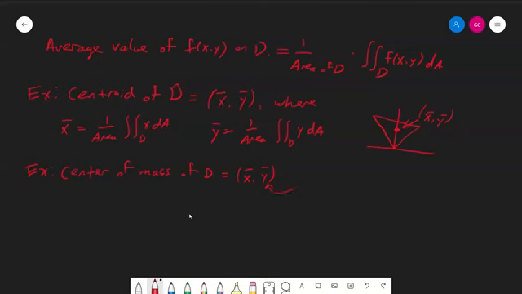Just to emphasize, these are not the same as they were before, but it's a very similar idea. In this case, what you want is 1 divided by the mass of the region times the double integral of x times the density function.